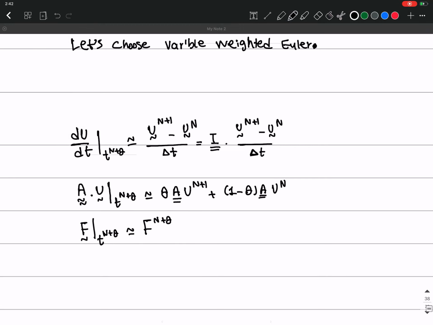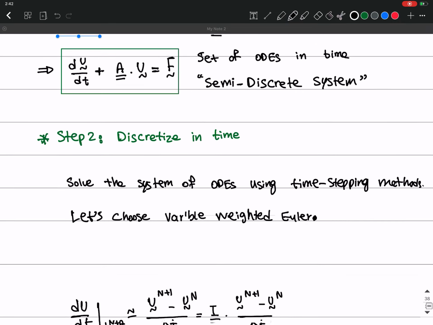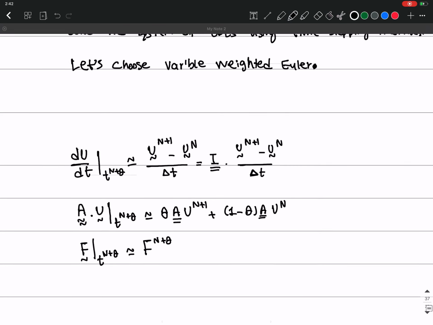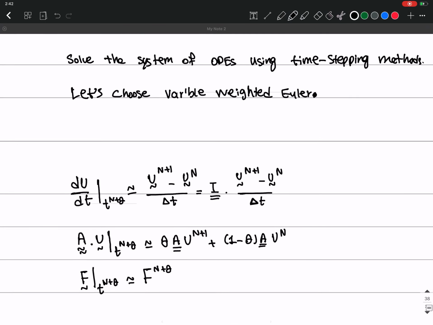So now I can set and constitute the final set of equations. So I just write du over dt as this. So let me write the equations that we had.